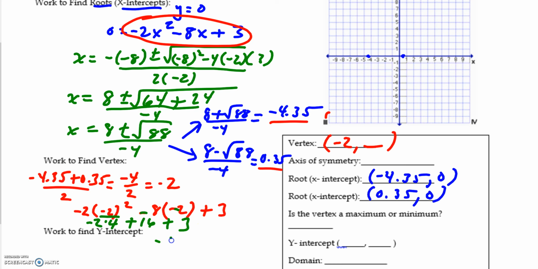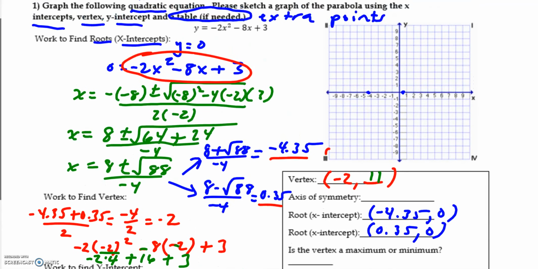So this is really negative 8 plus 16 plus 3, which would be 8 plus 3, or 11. So my vertex is at the point negative 2 comma 11, which goes off our graph a little bit, but that again is okay. If I graph that, negative 2 up 11, it's going to be just off the graph because here's 10, so 11 will be 1 point higher.